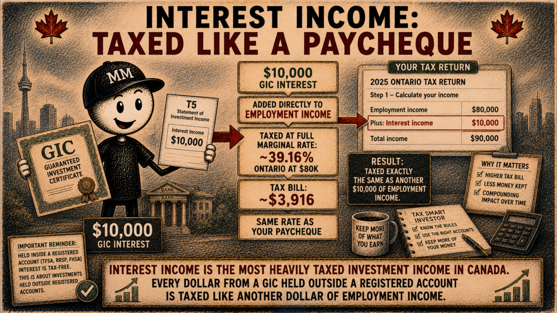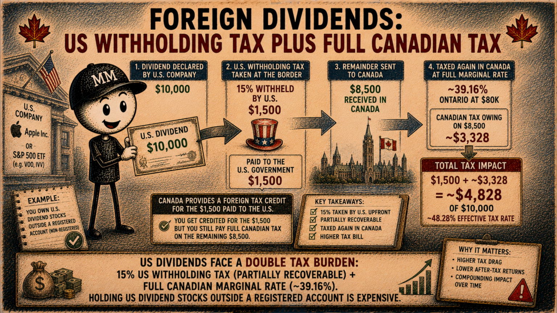Type 2. Foreign dividends. Foreign dividends from U.S. stocks like Apple, Microsoft, or an S&P 500 ETF held in a non-registered account are also taxed as ordinary income in Canada. They are added to your income at full value and taxed at your marginal rate.